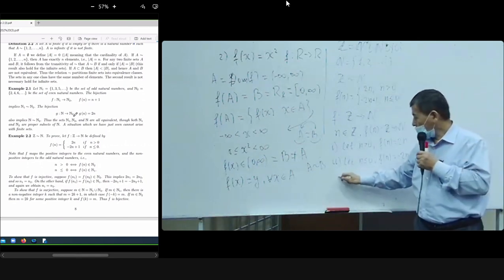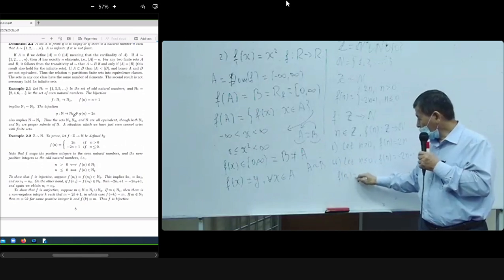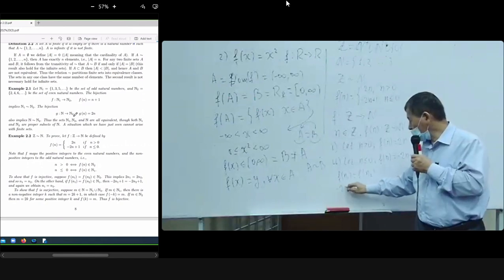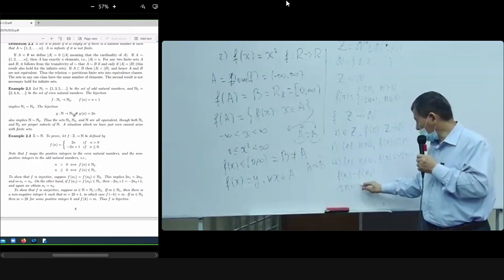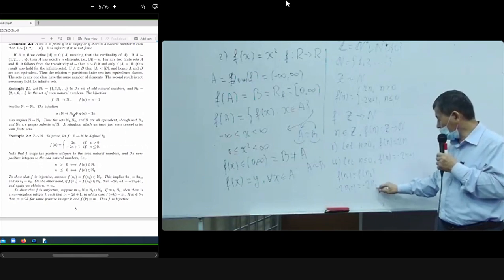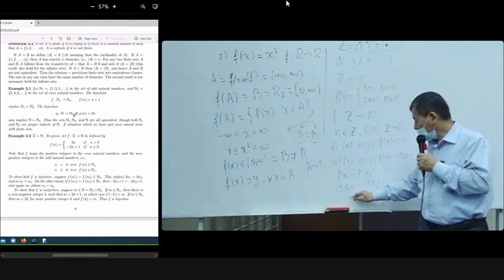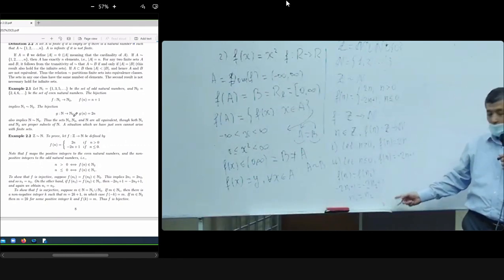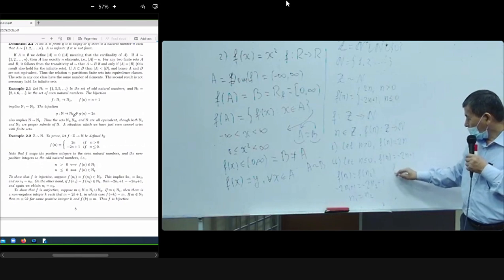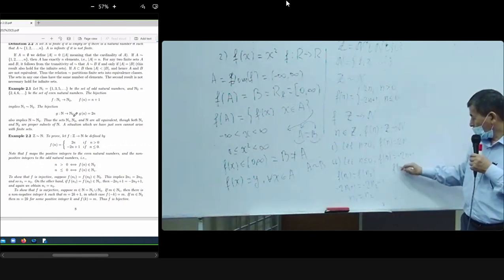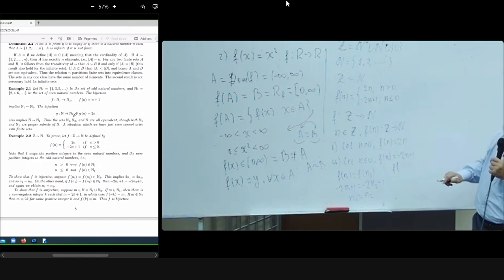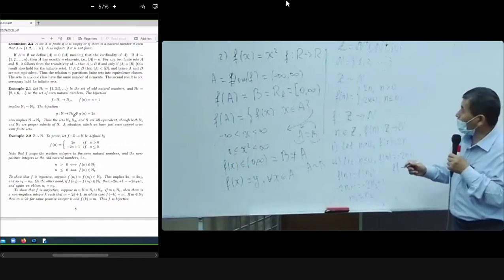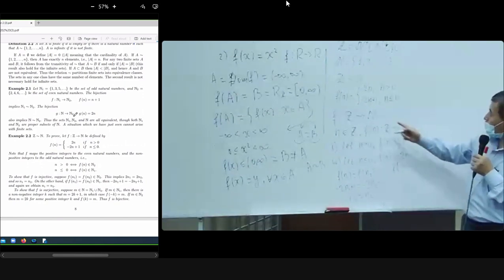First, injectivity. f of n1 equal to f of n2, which is minus 2n1 plus 1 equal to minus 2n2 plus 1, gives n1 equal to n2. It is injective. Now f of A should be equal to B. A is the domain. Where is the domain of this function?